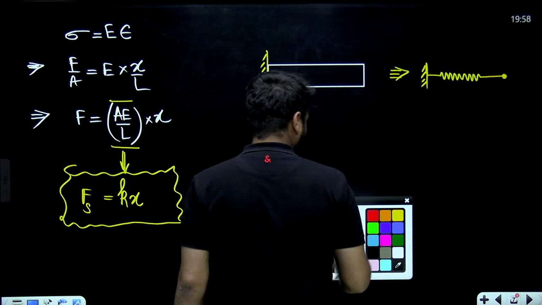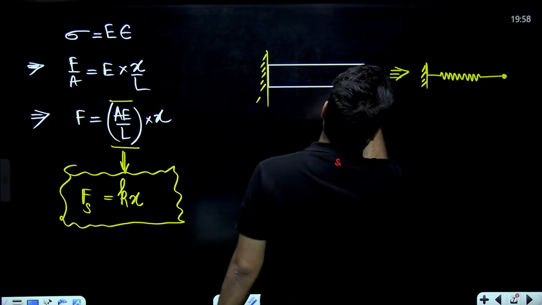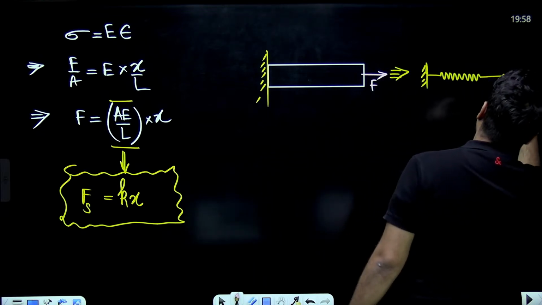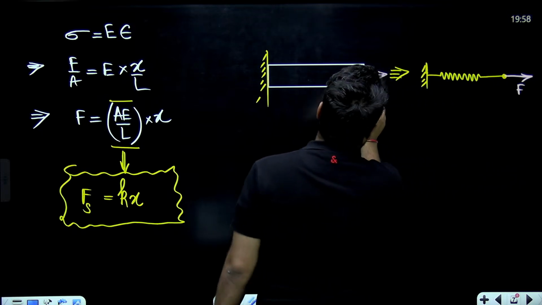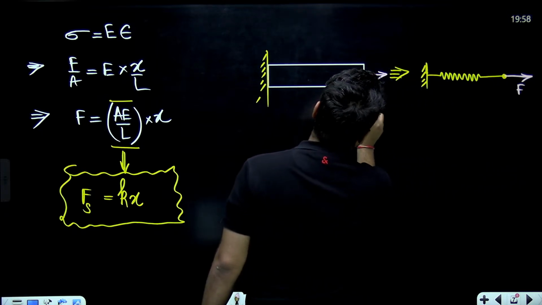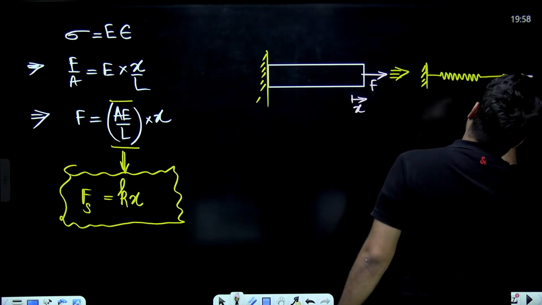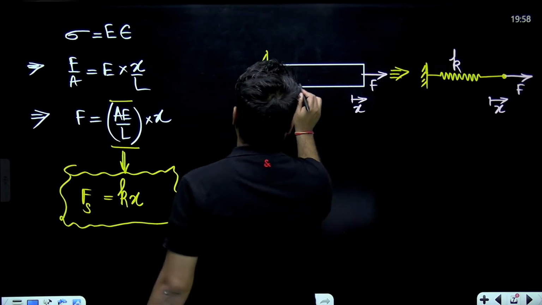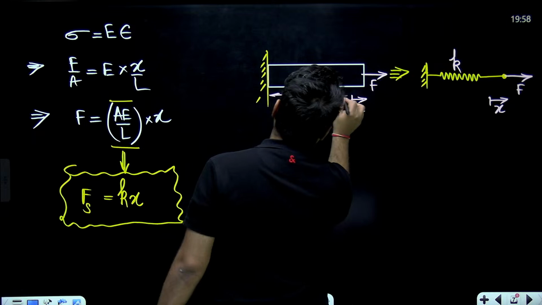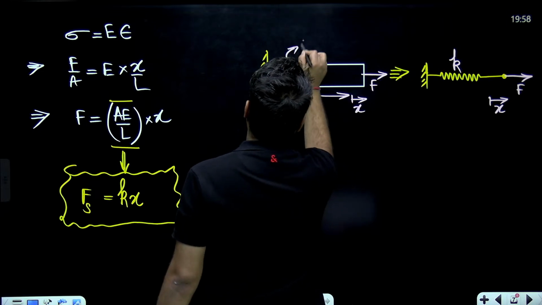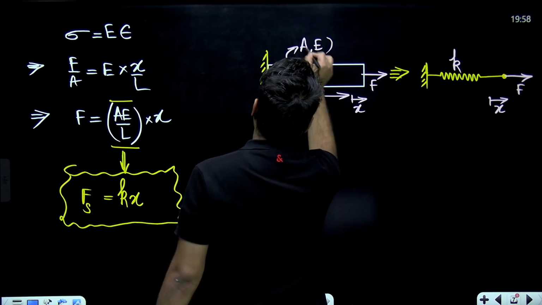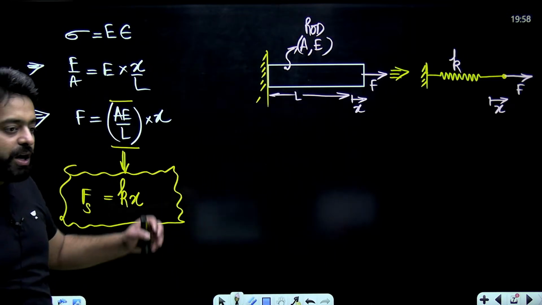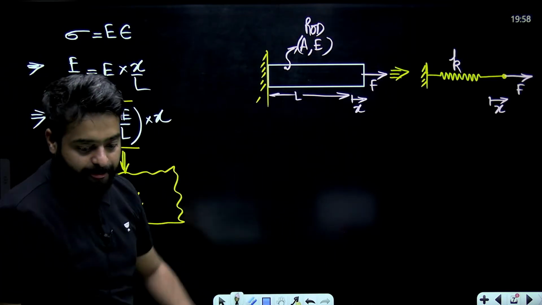Yes. You apply a force F here, and whatever the deformation X in the rod or in the spring, you can define this K, or you can define the original length, area of cross section and Young's modulus for the rod. Both are the same. This is called spring equivalency.